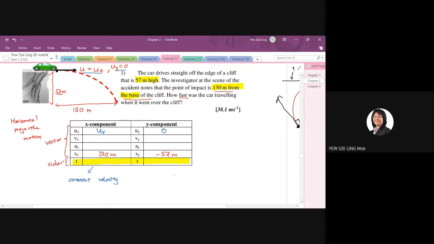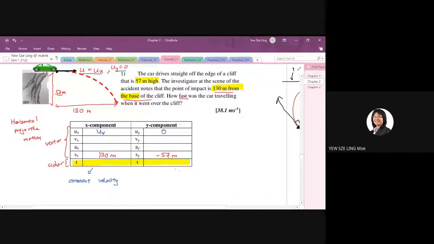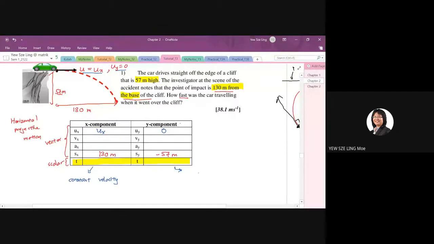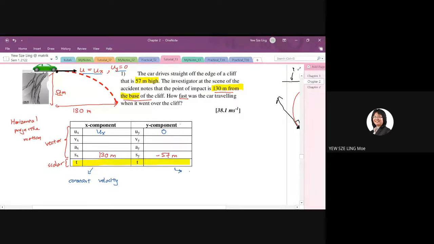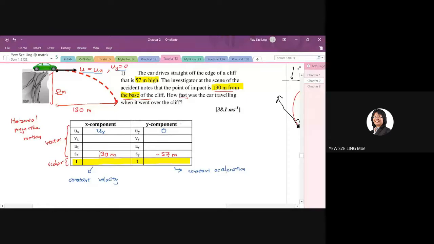But when it comes to the vertical component, which is the y component, our object isn't being affected by air resistance, but it is being affected by gravitational force. Therefore, we say it is moving with constant acceleration. So remember, in a projectile motion, the object is moving solely under the influence of gravity, therefore it only affects the y component.